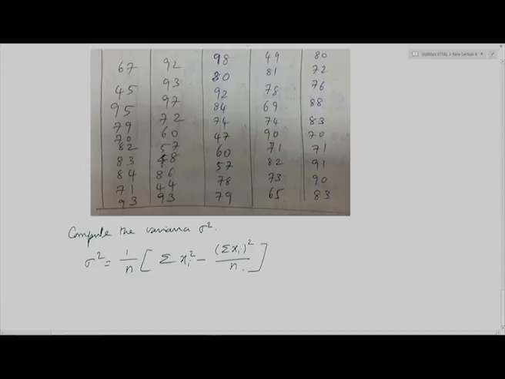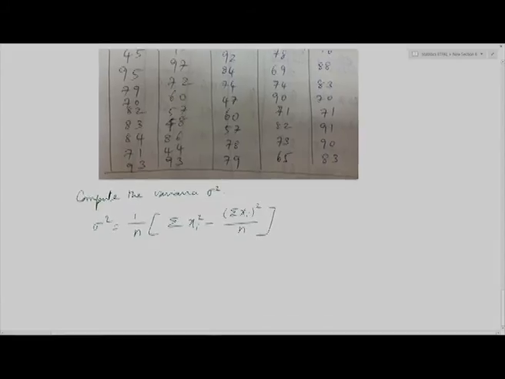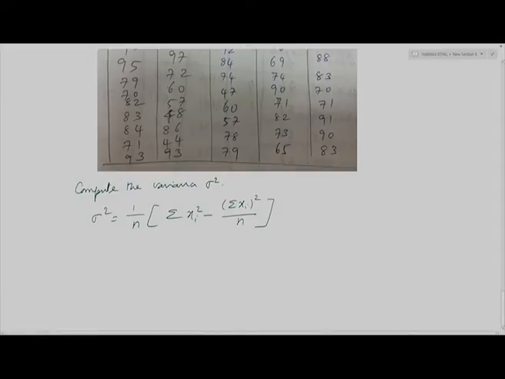We know that this is the formula for the variance, and we have to take the square of each entry. Let me not waste time on that, simply let me write down the values.